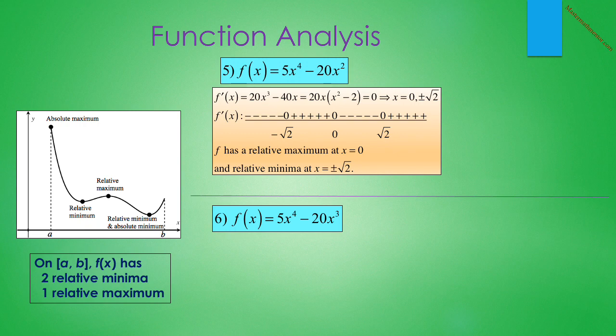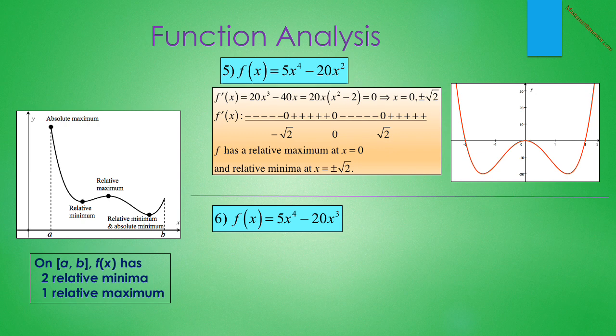So we find that there is a relative maximum at x equals 0 because f prime of x switches from positive to negative. There is a relative minimum at x equals negative square root of 2 and also square root of 2 because f prime of x switches from negative to positive in both cases.